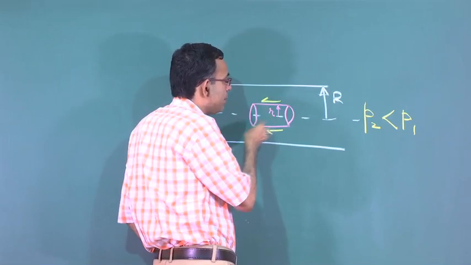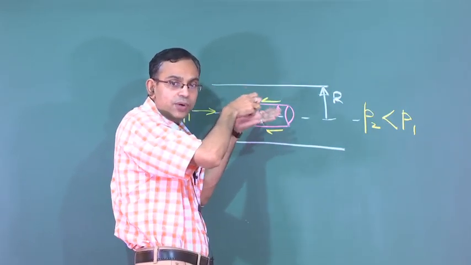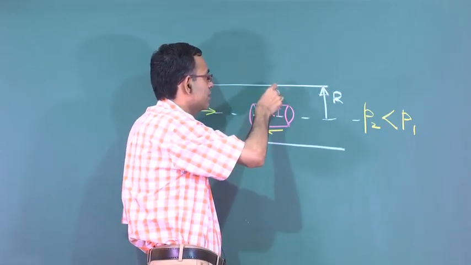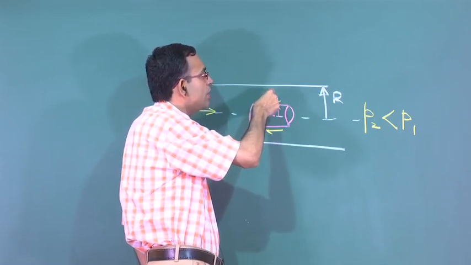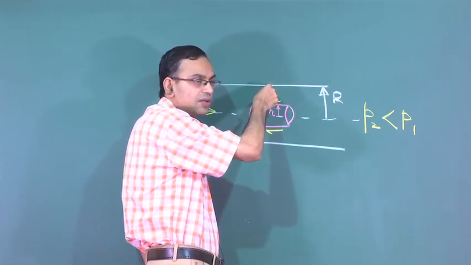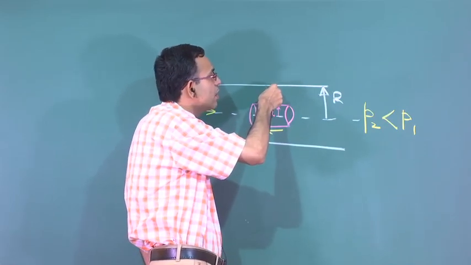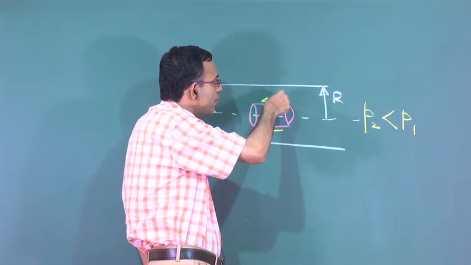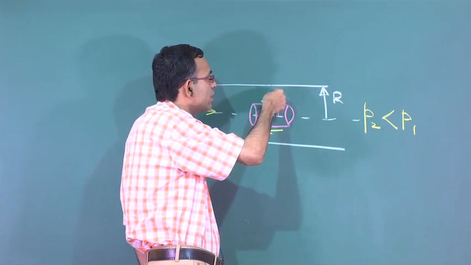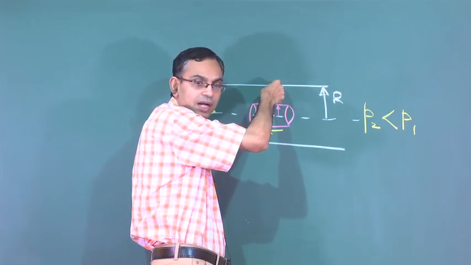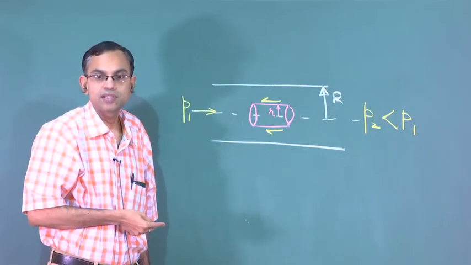Why is this shear force coming? You have various layers of fluid and one layer of fluid is trying to slide over the other. At the wall, because wall molecules are immobile, they are trying to hold the fluid molecules, therefore the velocity is 0, but as you go away from the wall the velocity becomes more because the effect of the wall is not directly felt, but it propagates through the fluid by virtue of the fluid property called viscosity.